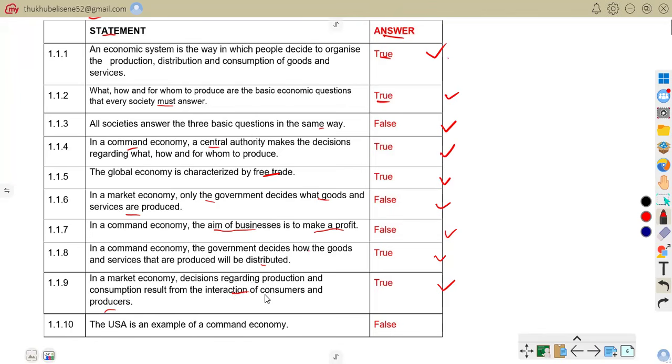That is also true. The United States of America is an example of a command economy. That is false. The USA is an example of a mixed economy, a market economy in fact, not a command economy.